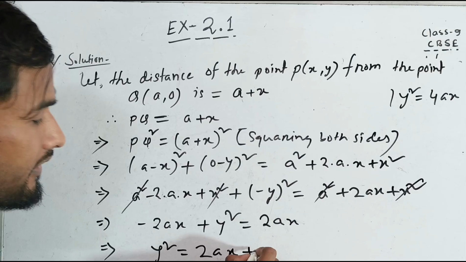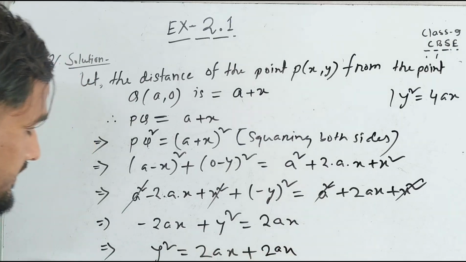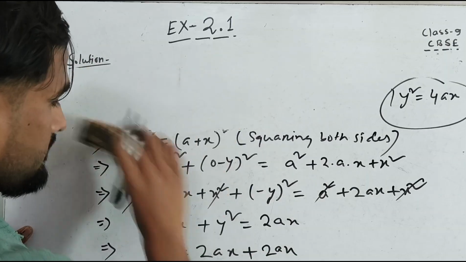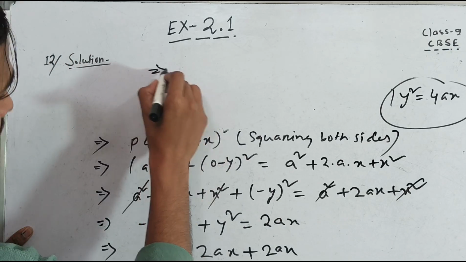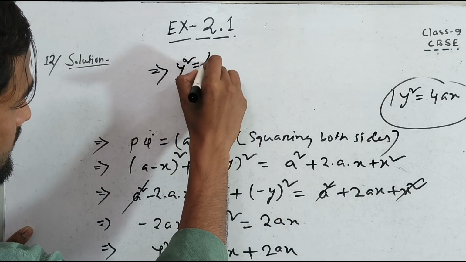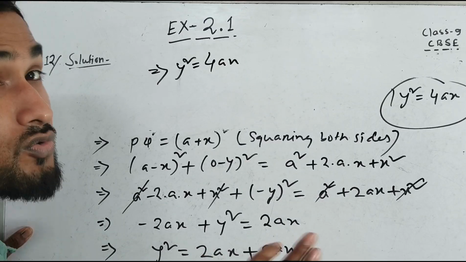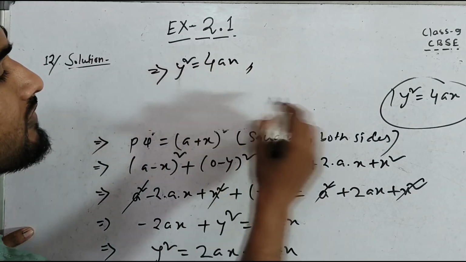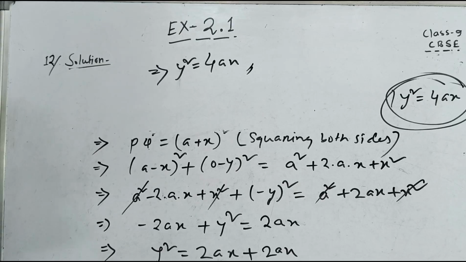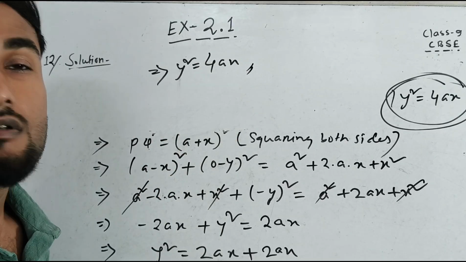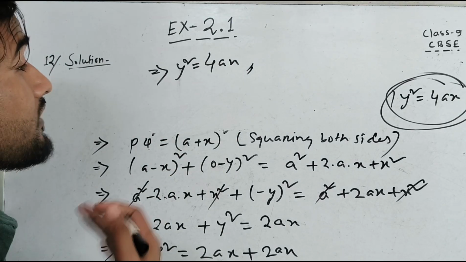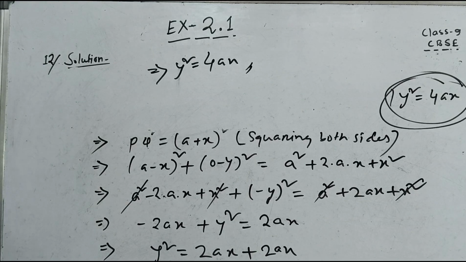Here minus will become plus at the right side. 2ax plus 2ax will be 4ax. Solved. y square equal to 4ax, as needed. We already got the equation. Now solved. Let's come to the next question.